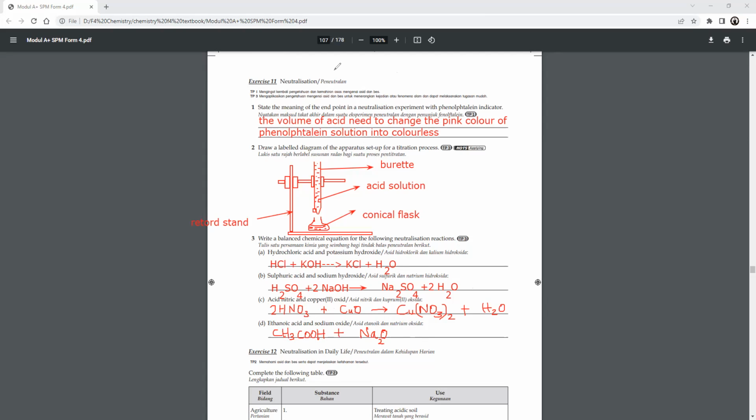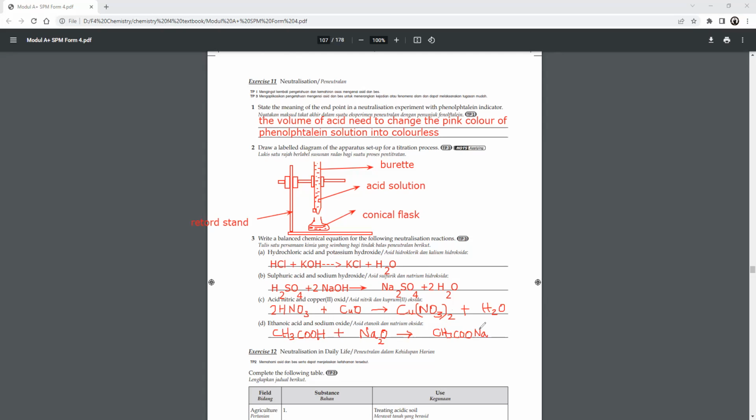Help me with the numbers. All right, so this one you need to have CH3COONa. This is negative, this is positive. Okay, no problem.